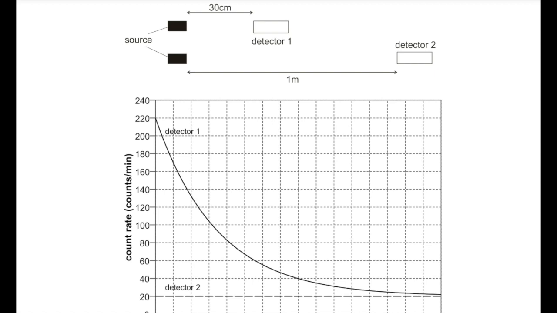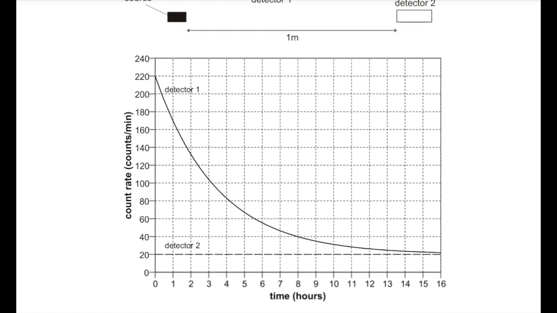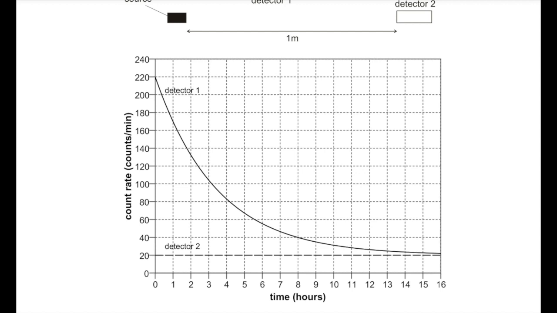Looking at detector 2, which is 1 meter away, the count rate is pretty flat. It just stays consistently at 20. So therefore, the source is not emitting gamma radiation, because if gamma radiation was present, we would have some form of curve being shown on the graph. Now we're left with alpha and beta radiation.